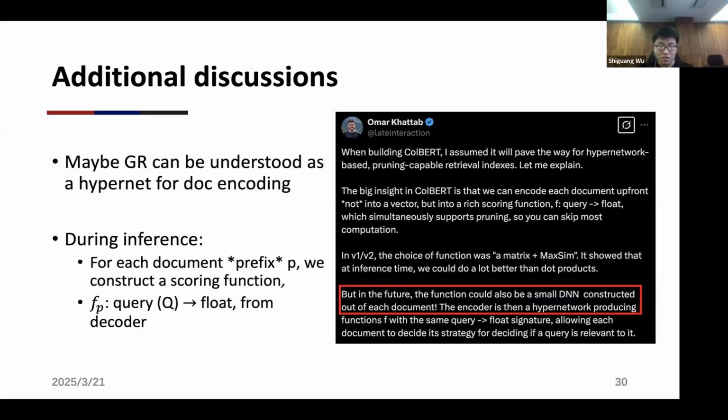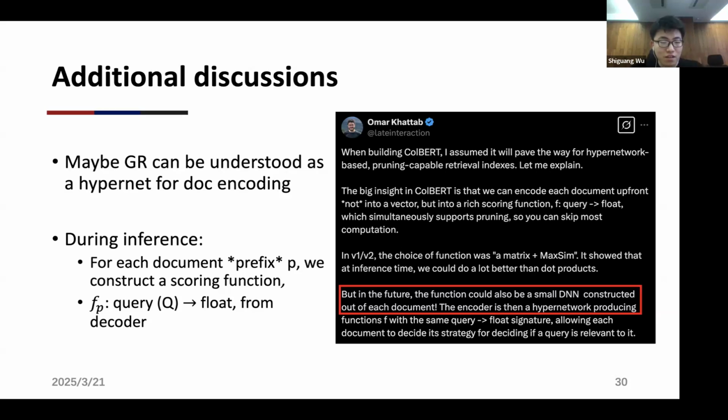But for inference, the training part is actually very similar to ColBERT, as we discussed in our paper. And so the critical problem is how we develop a very efficient retrieval algorithm to do this hypernetwork at scale. This is a very critical problem, and it's very hard to resolve. And I think for GR, it does it in a very strange way.